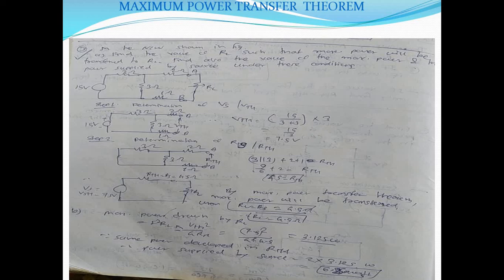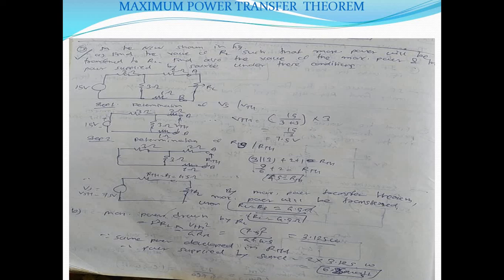And third, you can solve different numericals from different reference books to solve any circuit with the help of the maximum power transfer theorem, in which the first step is calculation of Vth or VOC or Vs, the second step is calculation of RTH or RS, and the third step is to draw the equivalent circuit consisting of 3 parameters, VTH, RTH and RL, and then calculate the value of RL for maximum power transfer with the statement that maximum power is delivered to the load, then RTH is equal to RL.